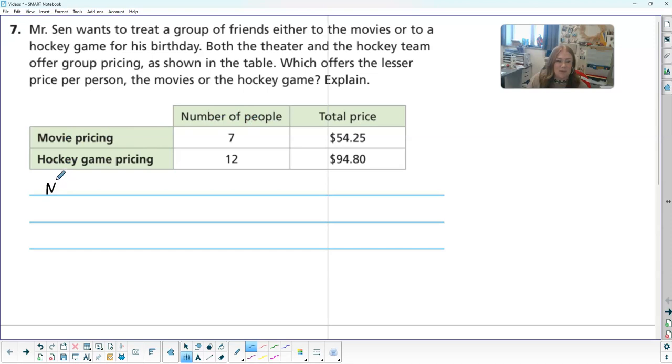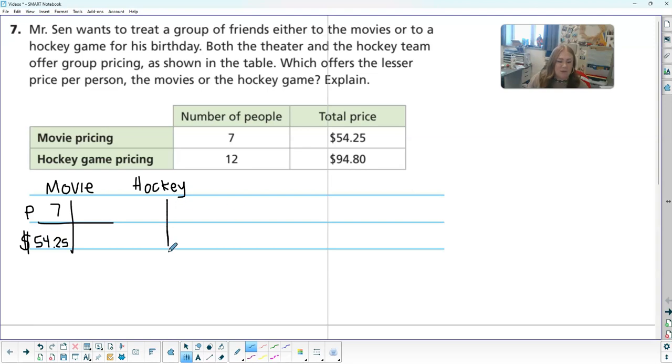So here we have movie pricing. So here's my movie. So I'm going to get some labels. And if you need a scratch paper, go get a scratch paper. And we also have the hockey game. So I know I've got people and money. So my people, I have 7 people for the movie, and it costs $54.25.